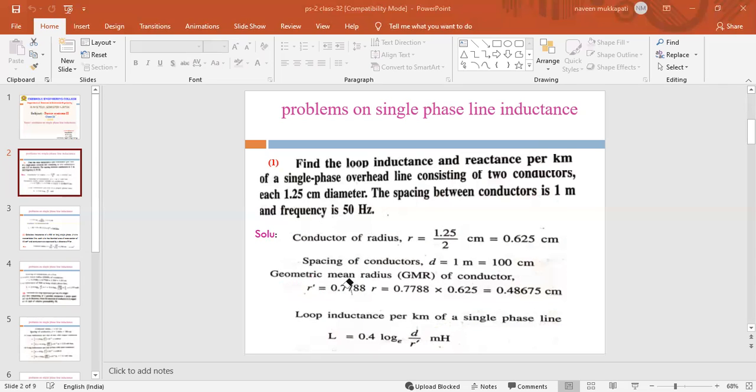First of all, what is the formula for that inductance? L is equal to 0.4 log D by R dash. What is meant by R dash? That is the geometrical mean radius, GMR. What is the formula for R dash?